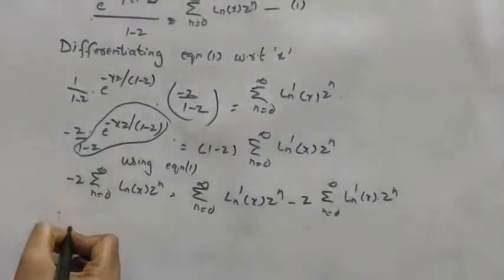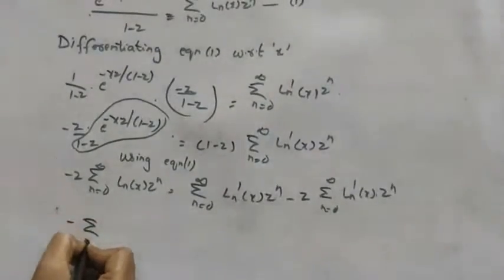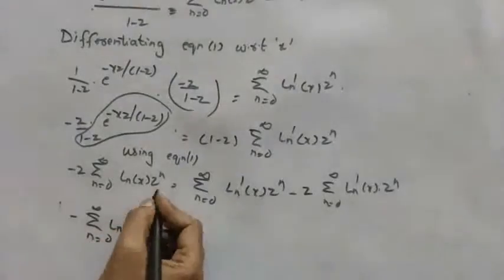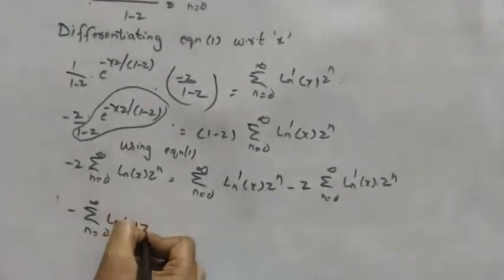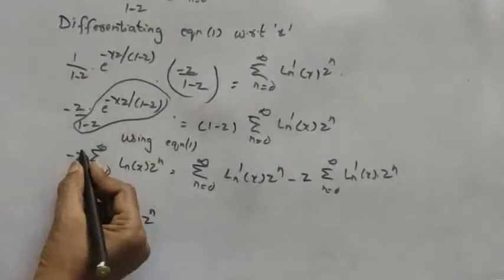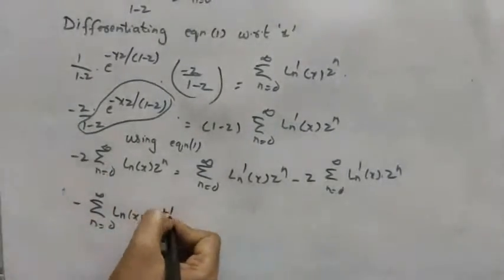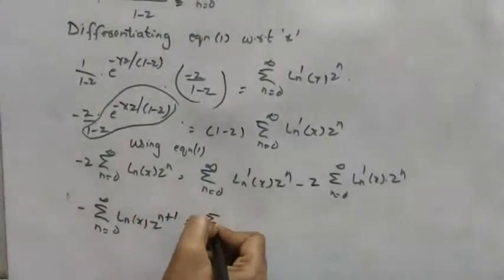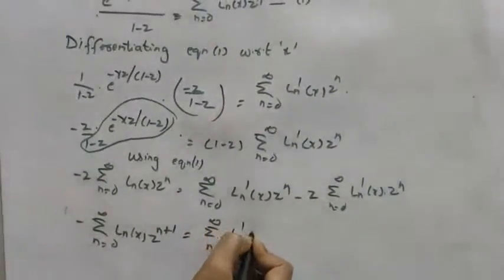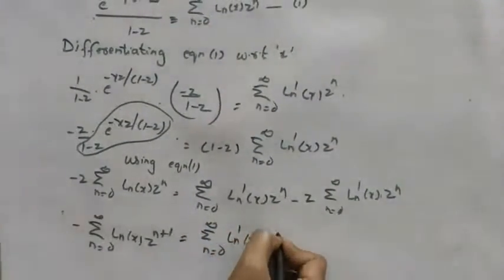Now minus summation n is equal to 0 to infinity Ln of x, z and z power n. Here what is the power of z? n plus 1. So this is equal to summation n is equal to 0 to infinity Ln dash of x into z power n.